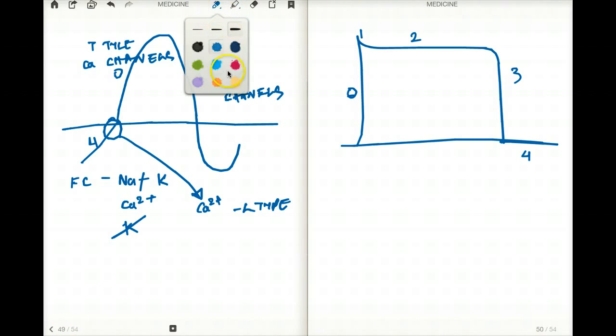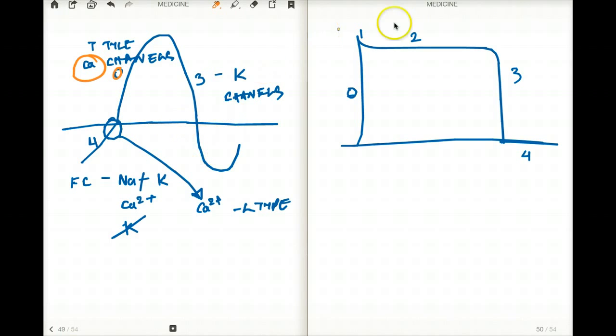Okay, so what I want you to remember is, where do we really see the calcium here? The big, fast depolarization of calcium is happening here. So if we use calcium channel blockers in the heart, it's probably going to be most effective at this phase, at phase 0, right? We already know that, but this is just revision.